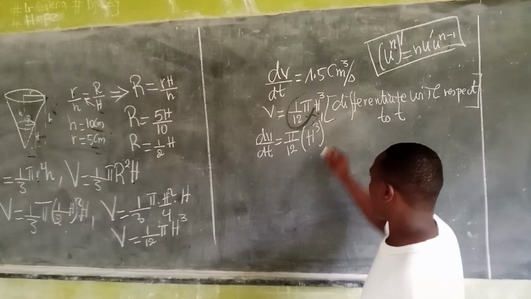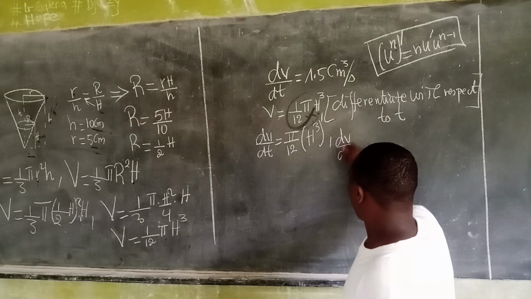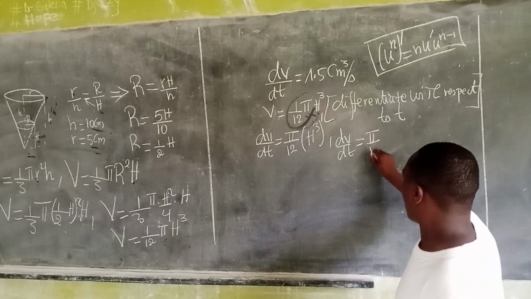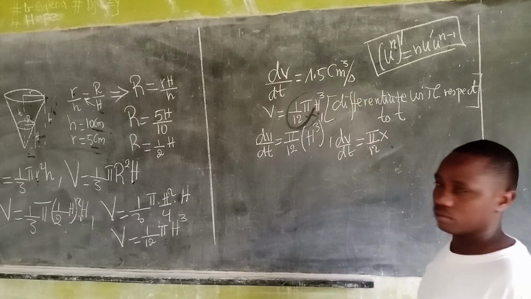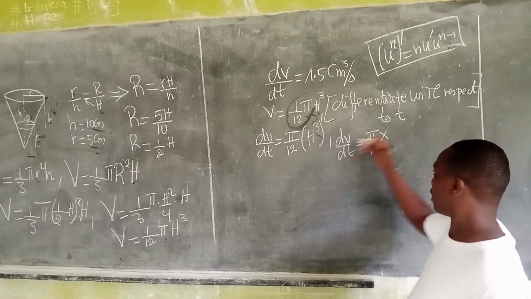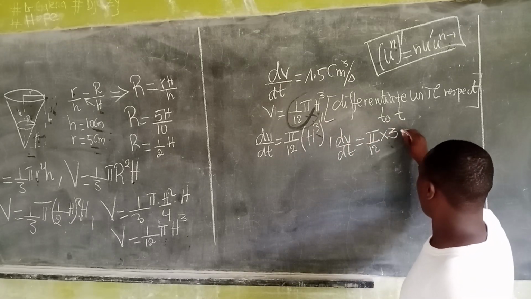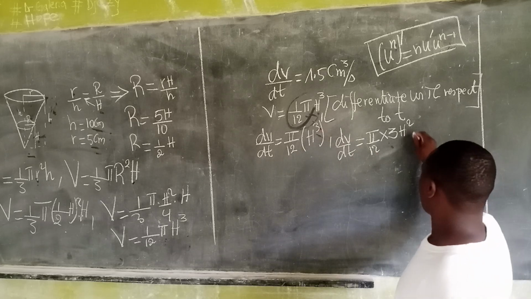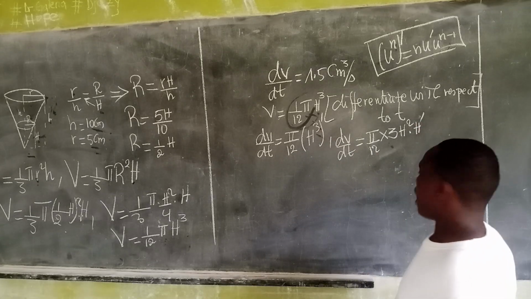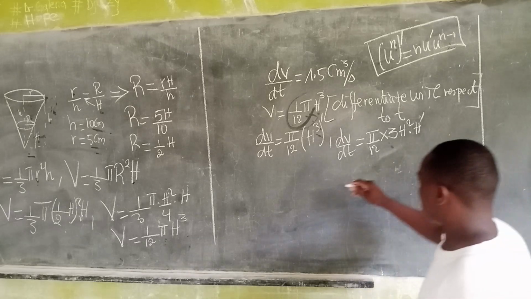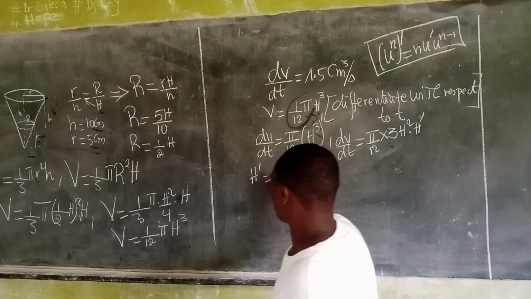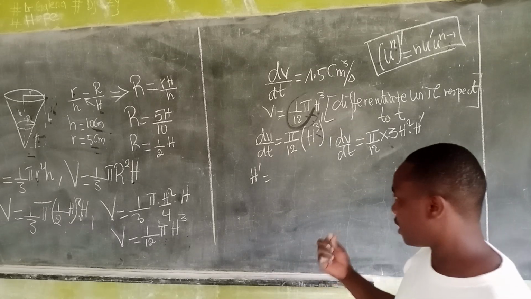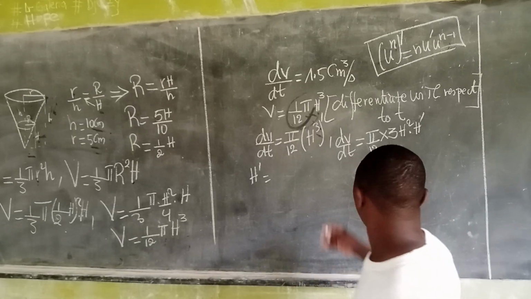So dV/dt will be pi by 12 times the derivative of h power 3, which is 3 times h power 2 times h prime. This h prime is the derivative of h with respect to t. That is how our rate is changing as time changes.